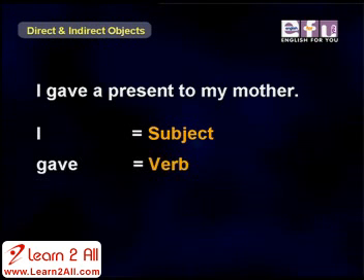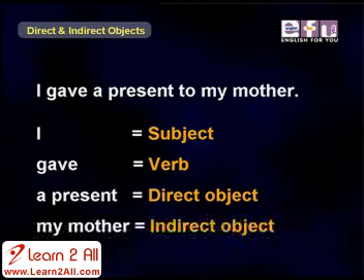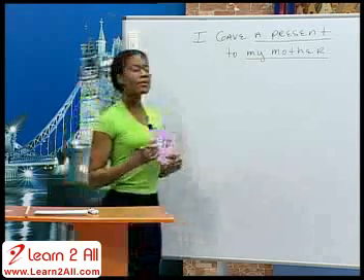I. Okay? The verb is gave, but we have two objects. Gave what? A present. So this has to be the direct object. But who did we give the present to? My mother. Now we have an indirect object. Alright, let's try another example.